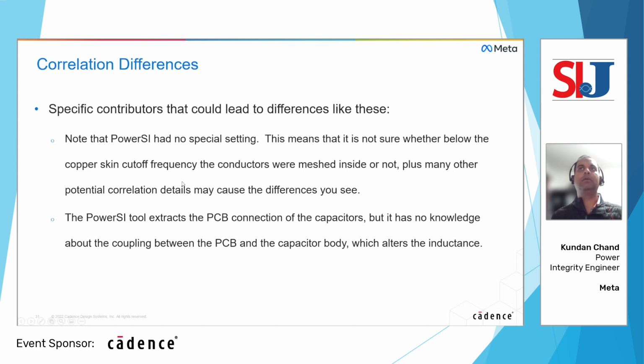One thing from the PowerSI or solver point of view, it's possible that we were not able to model below the copper skin cutoff frequency, whether the conductors were meshed or not. So that could relate to some inaccuracies below this skin effect cutoff frequency. That could be one of the reasons.